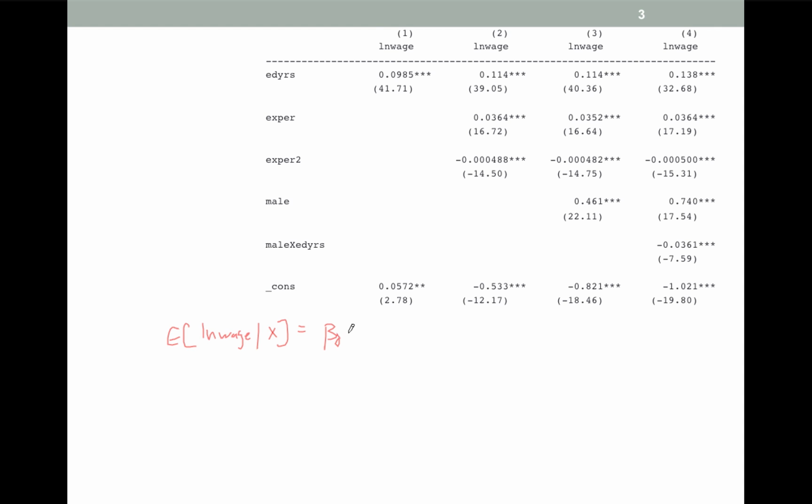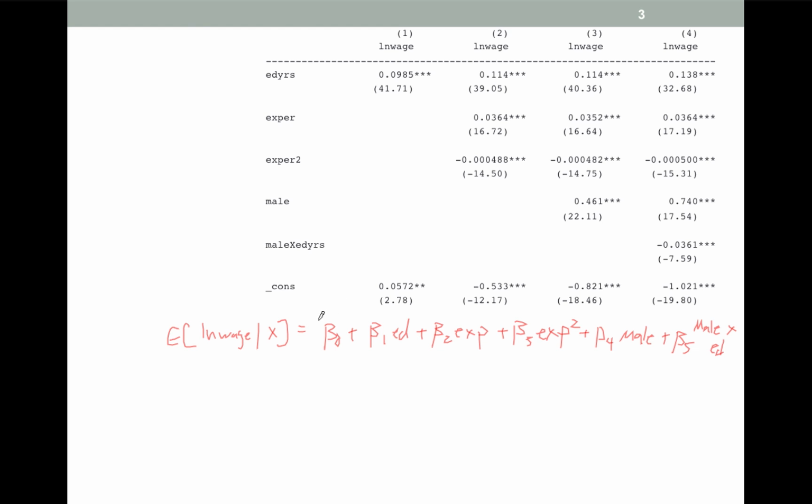Now it's going to be beta 0 plus beta 1 education, beta 2 experience, plus beta 3 experience squared, plus beta 4 male, plus beta 5 male times years of education.